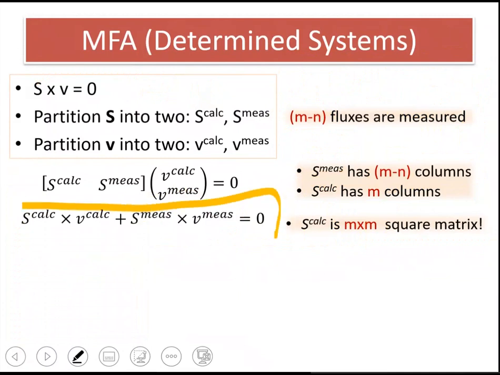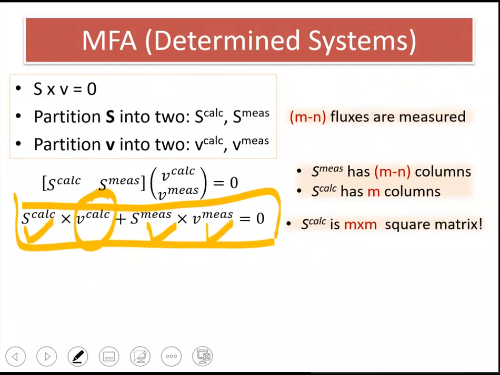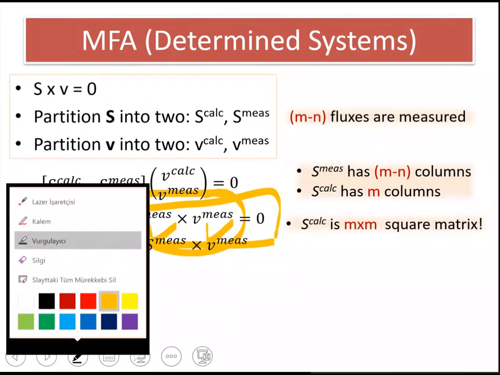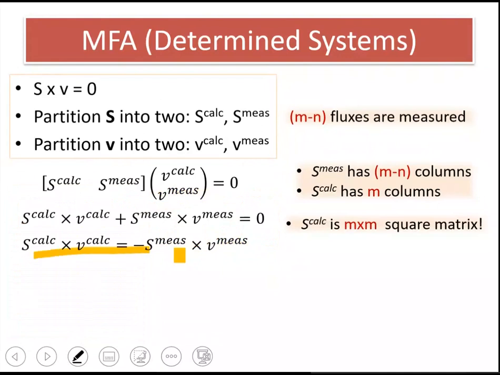So we have this equation, and our goal is to calculate V calc, because we already know the stoichiometric matrix from reaction coefficients, and we already measured some rates. So the only unknown in this equation is this part. So I can send the measured part to the other side of the equation, like this, right? Then I can multiply both sides with the inverse of the S-calc matrix.